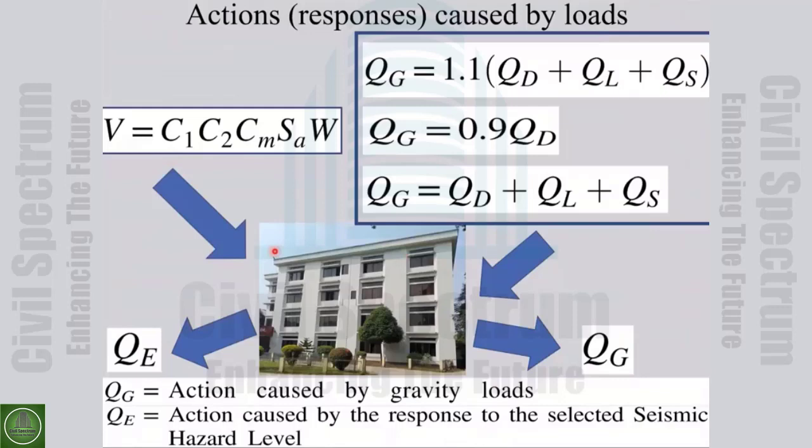Then, when we have our building for linear analysis, now we can calculate the demands. But unfortunately, because reality is nonlinear behavior, our methodology for now is linear, so there are some modifications needed in the results.